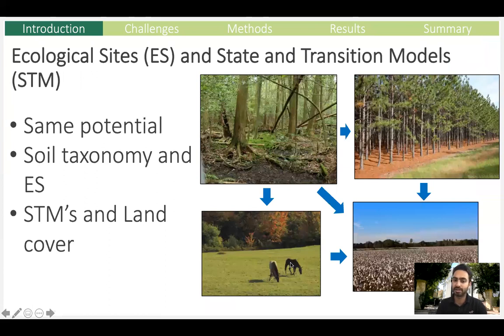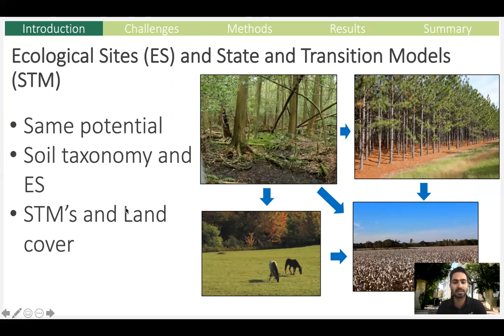A theoretical concept to solve that is the ecological site and state and transition model. But this model is not established in the Southeast United States, and the state and transition model is just a conceptual model. So we have to find a way around, which I'll discuss in methods.